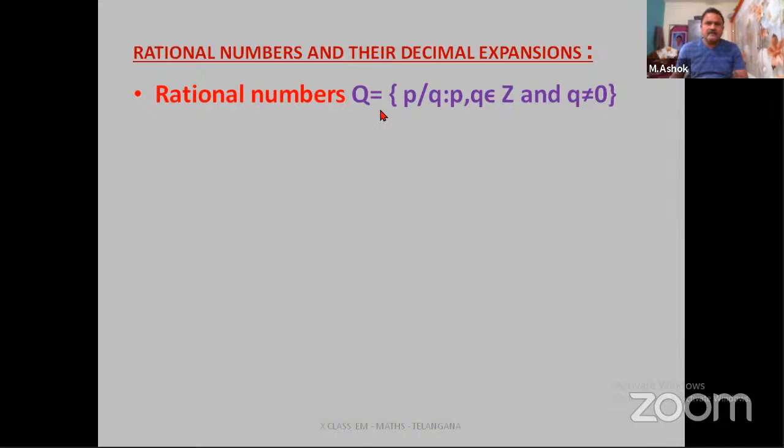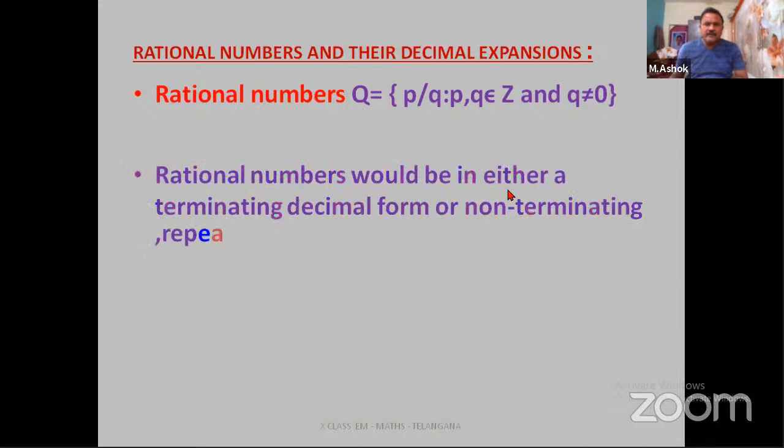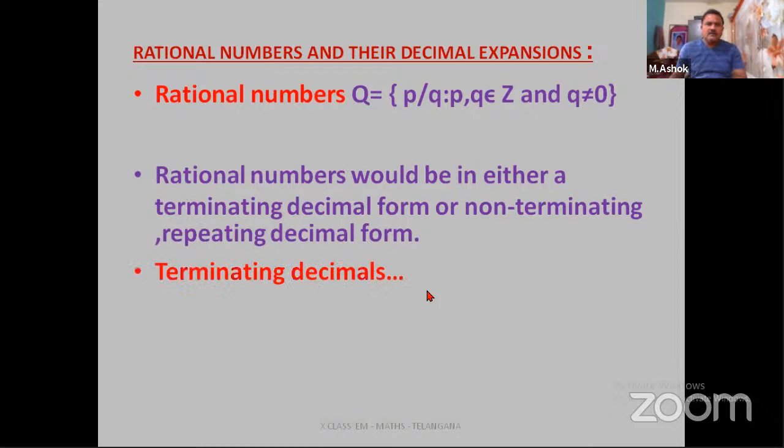So every rational number would be in either a terminating decimal form or a non-terminating repeating decimal form. So in these two ways we can represent rational numbers.